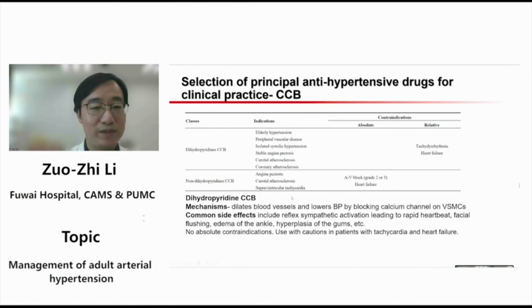Non-dihydropyridine CCB can also be used to control blood pressure, but it's less commonly used. But in patients with atrial and ventricular block, especially grade 2 or 3, and in patients with heart failure, this CCB should be forbidden.